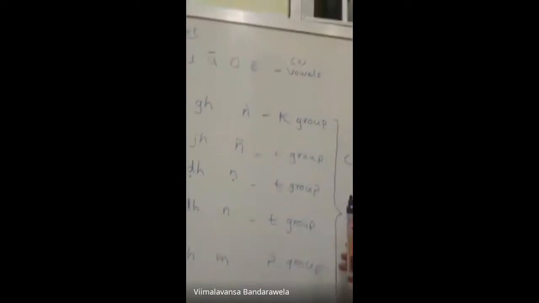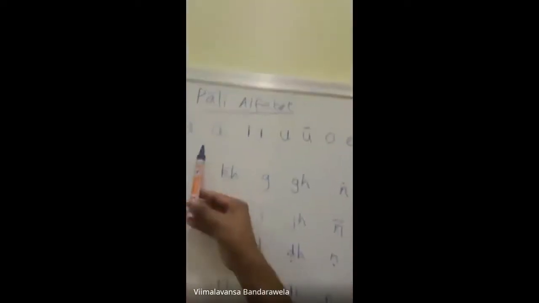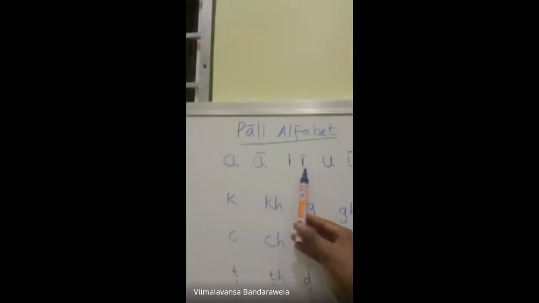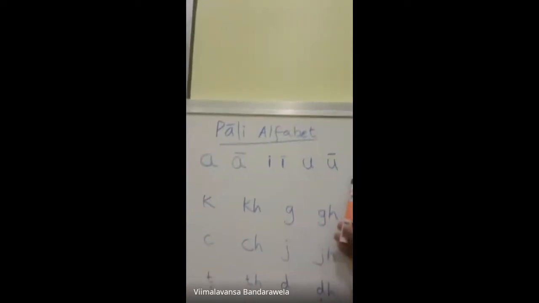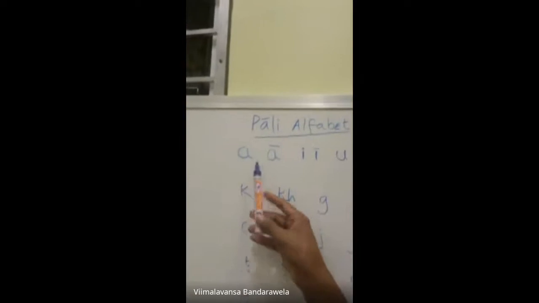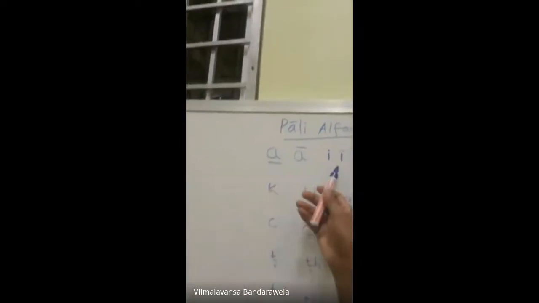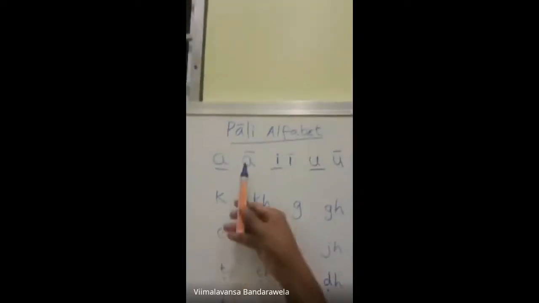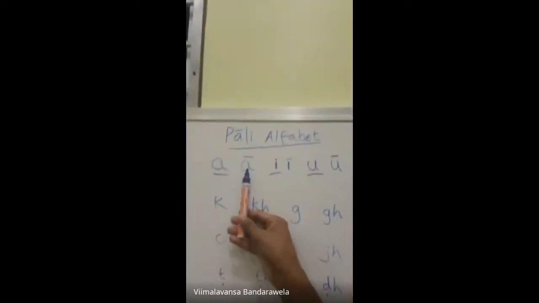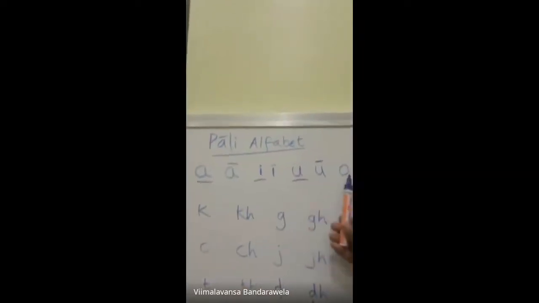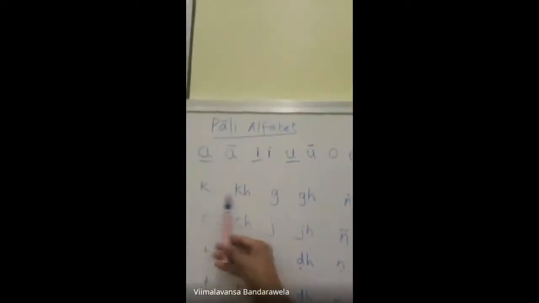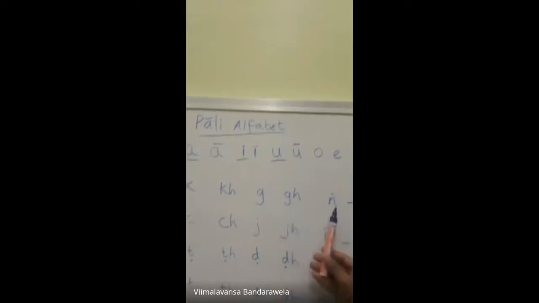So again I will tell you: A, I, U, O. You have 3 short vowels only. All others are long vowels. Then Ka, Kha, Ga, Gha, Nga.